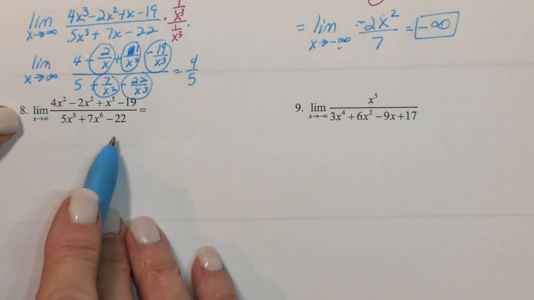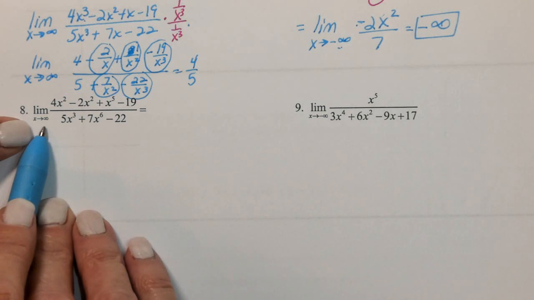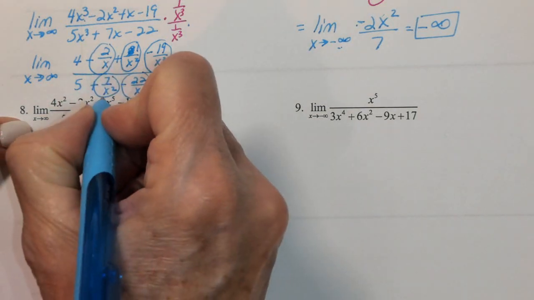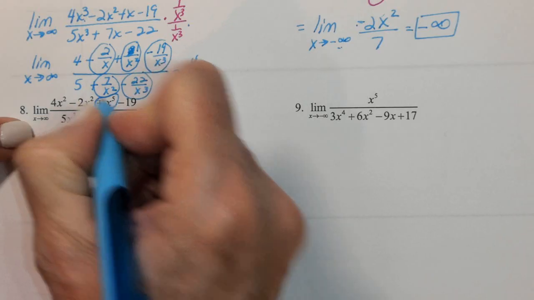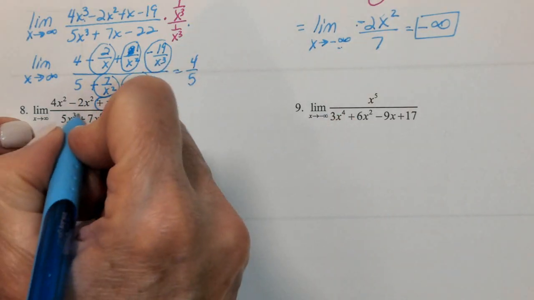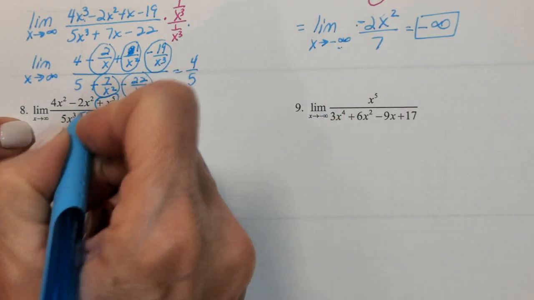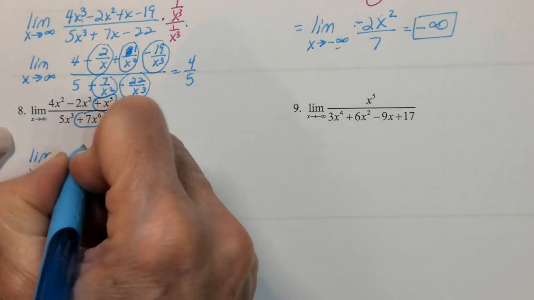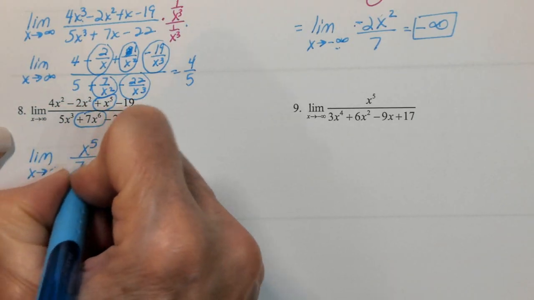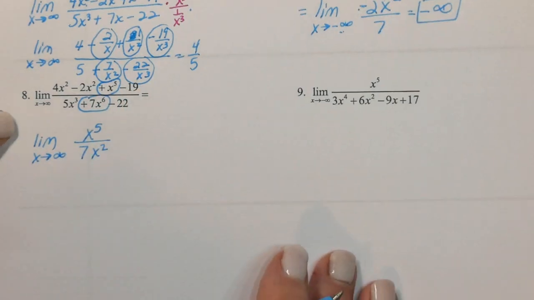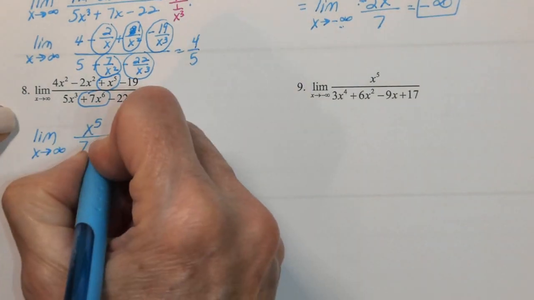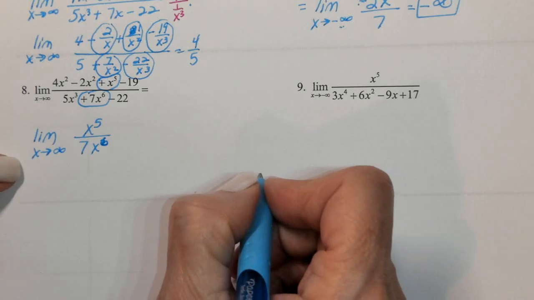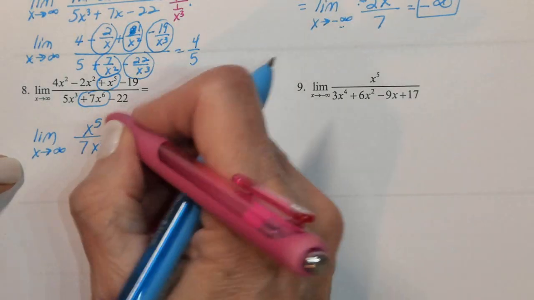Alright, number 8. X is going to infinity. So I'm going to find my highest powered term on top and the highest powered term on the bottom. I'm going to rewrite my limit. X to the 5th over 7x to the 6th, sorry. Okay. I'm going to reduce my x's.